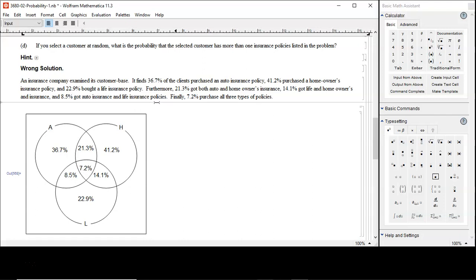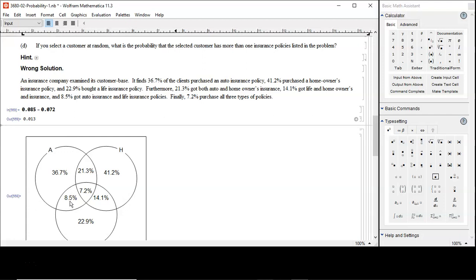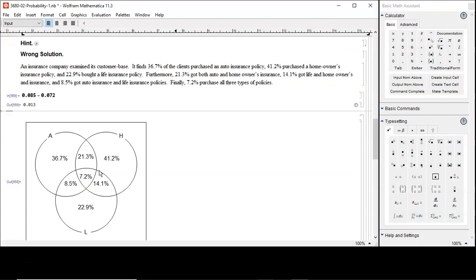Actually, what number goes here? Over here, we have to subtract. So only 1.3% of the people should be here, because the entire football is 8.5%. Among those, 7.2% are counted already. So this part over here is 1.3%, but we have the entire 8.5% here. Same problem all over. That's why this is wrong.